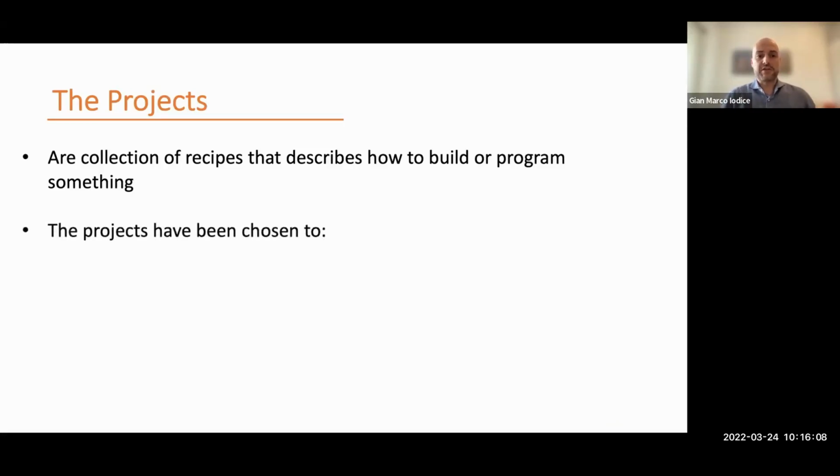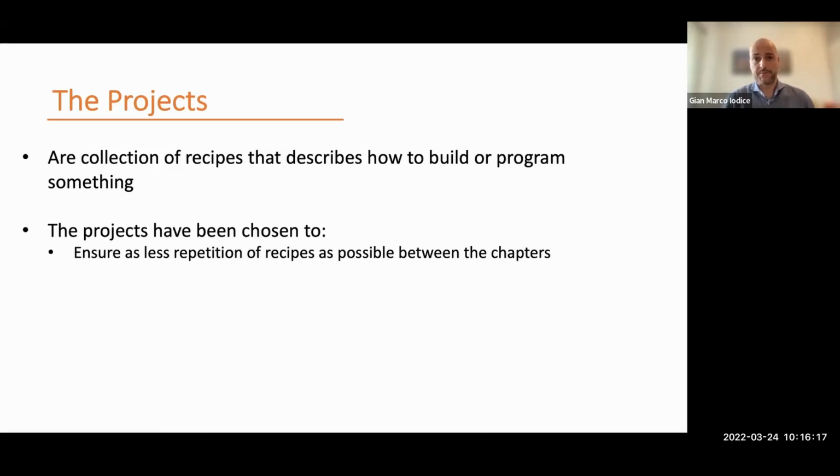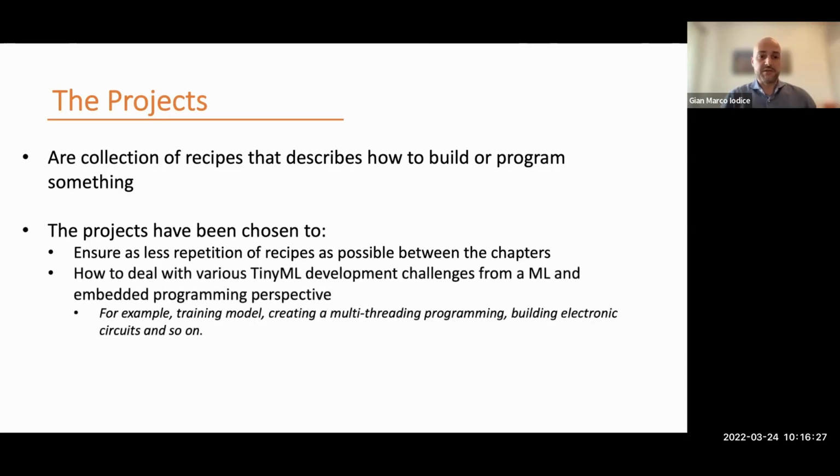So the projects have been chosen in particular because I wanted to ensure as little repetition of the recipes between the chapters. And in particular, because these recipes can be applied in different contexts and different projects as well. The other reason is because I wanted to show how to deal with various TinyML development challenges.